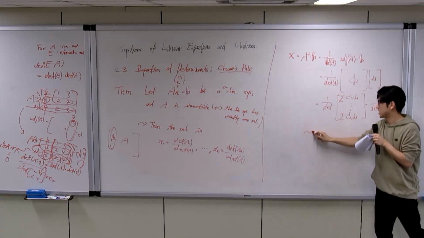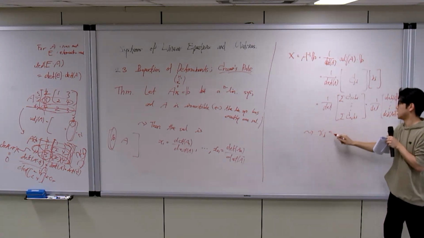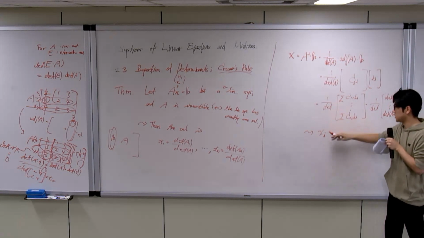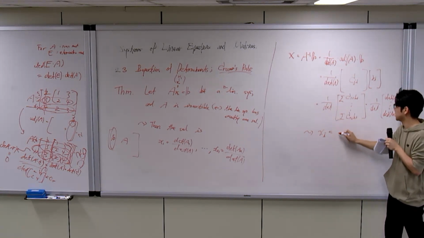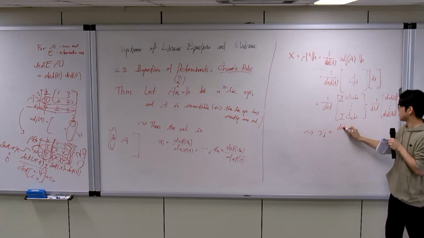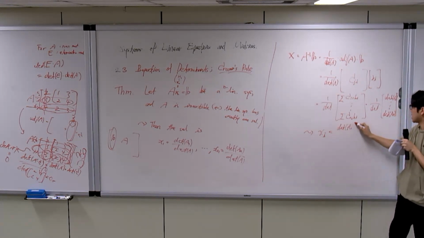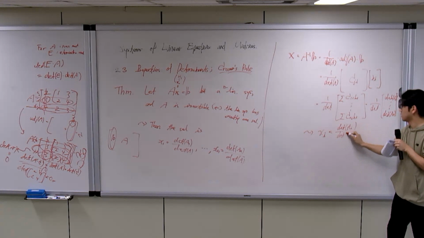So it gives the entries, each entry of x is the same as the determinant of A_i over the determinant of A.